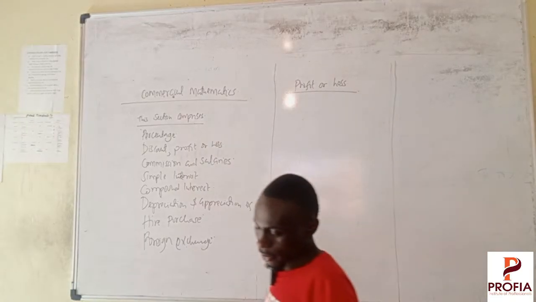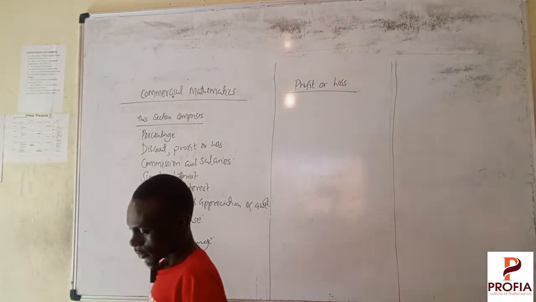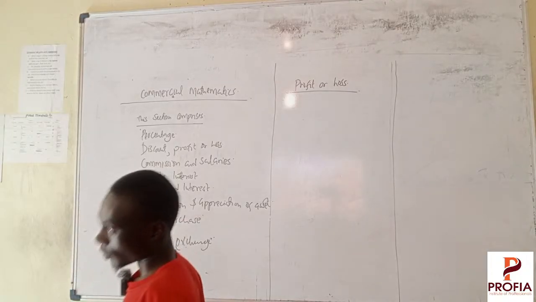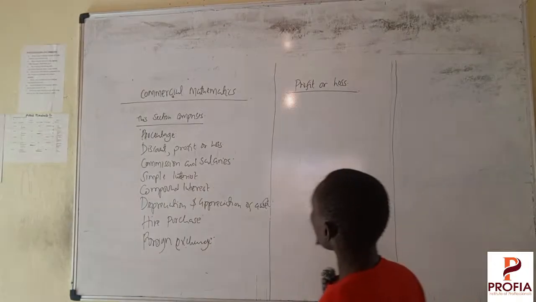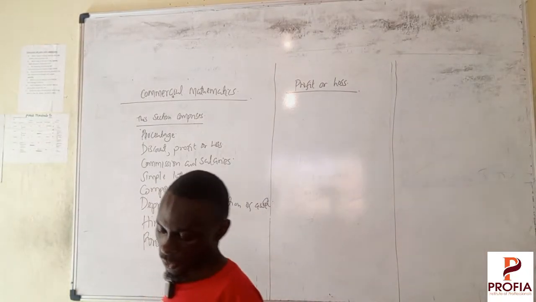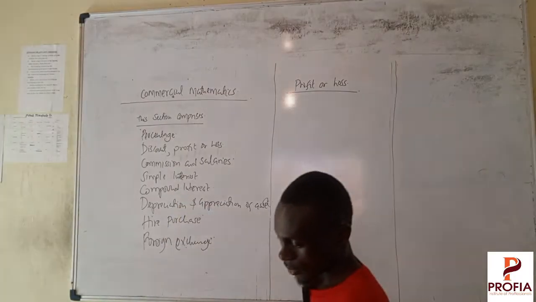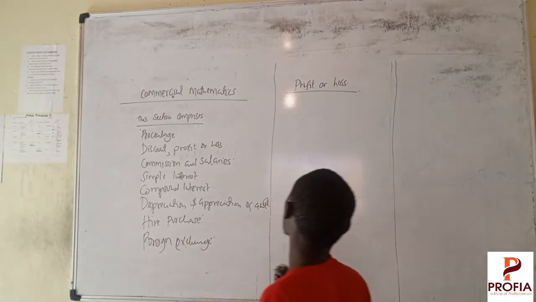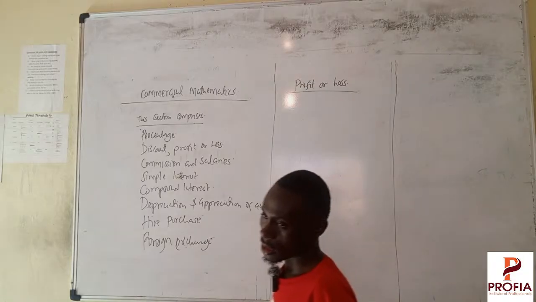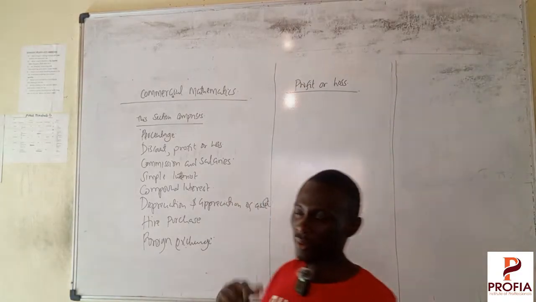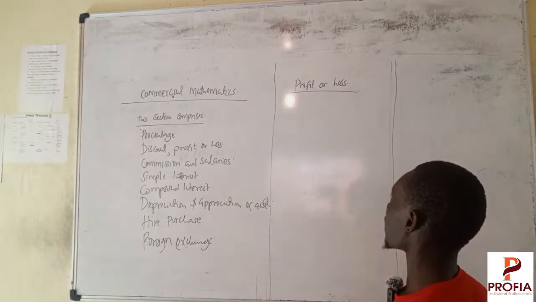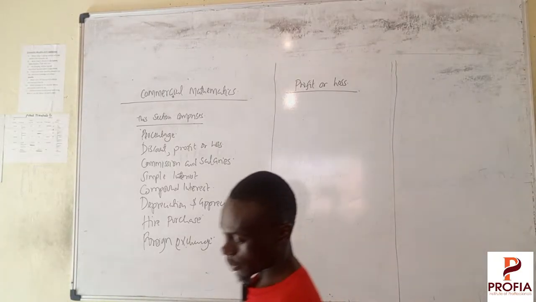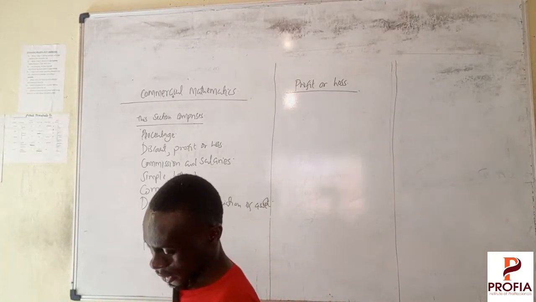Profit or loss. So under profit or loss, you understand that profit is whereby someone buys goods at a certain price, then adds a profit margin, so that when he takes the selling price minus the cost price, he gets the profit.